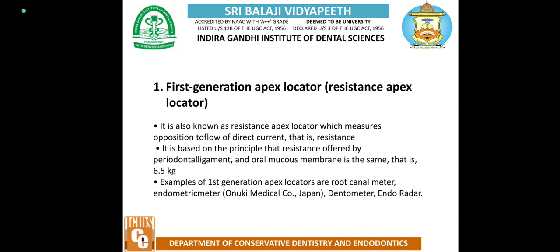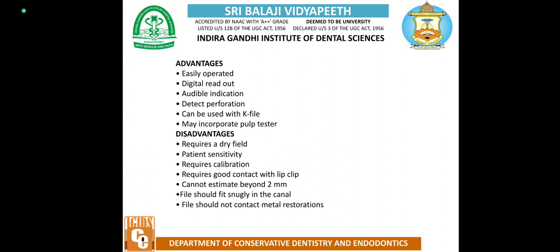First generation apex locator: it is also known as resistance apex locator, which measures opposition to flow of direct current, that is resistance. It is based on the principle that resistance offered by periodontal ligament and oral mucous membrane is the same, that is 6.5 kOhm. Examples of first generation apex locators are Root Canal Meter, Endometric Meter, Dentometer, Endoradar.